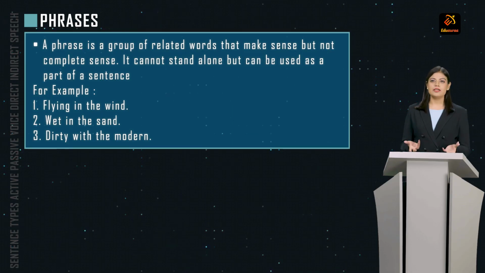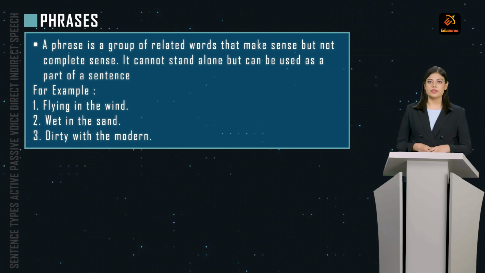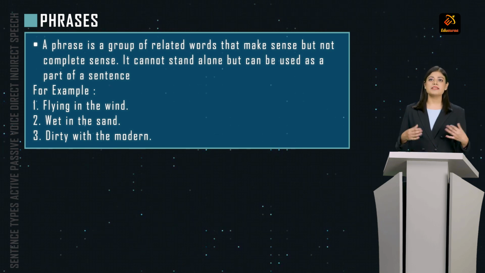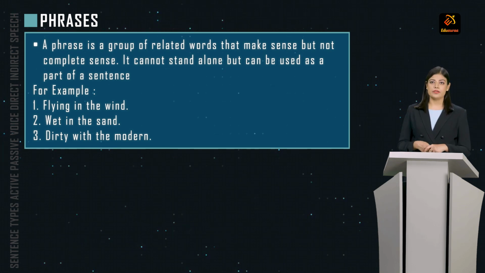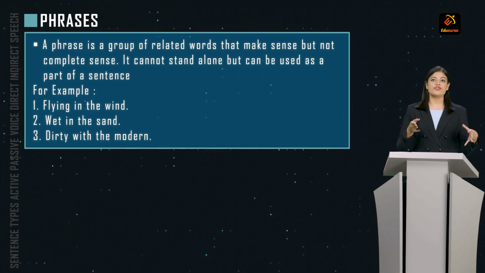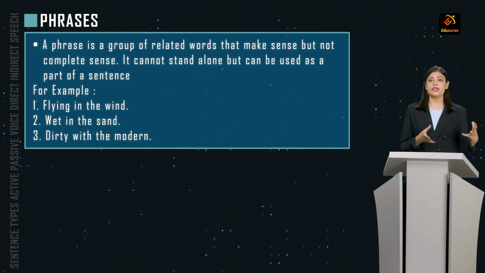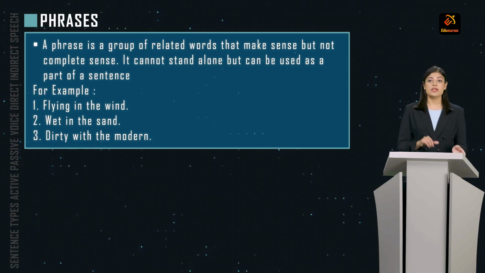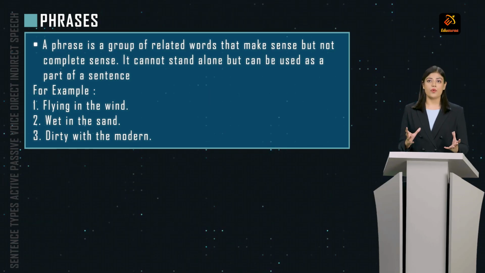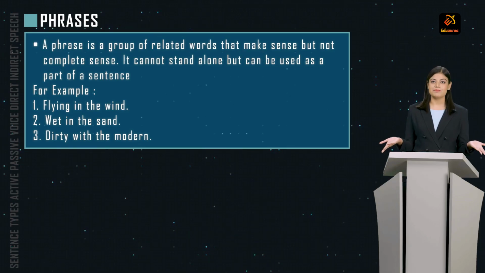It's not a complete sentence, right? How will I make this complete? By putting the subject. I could say my scarf is flying in the wind. Then my scarf becomes the subject because that's performing the action of flying. But because the subject is not mentioned, flying in the wind on its own is not a complete sentence, so that becomes a phrase.